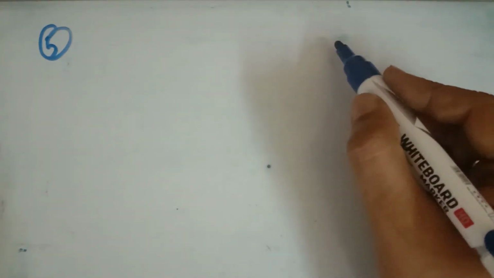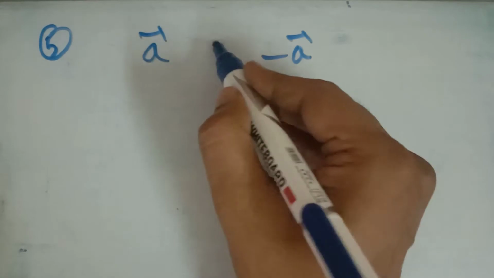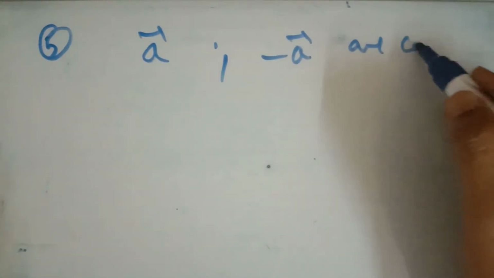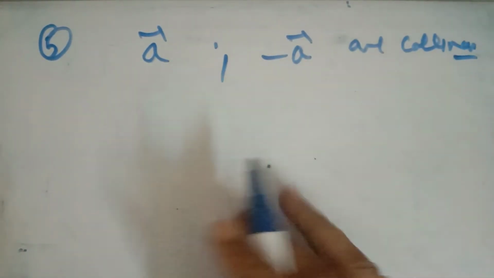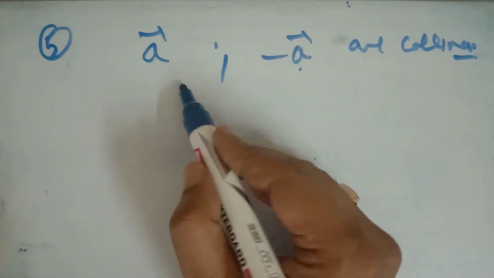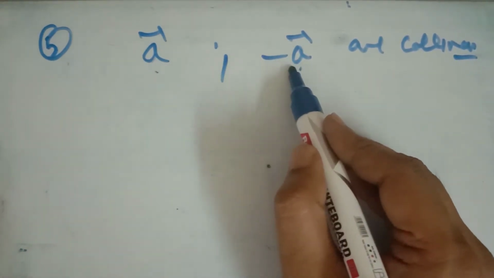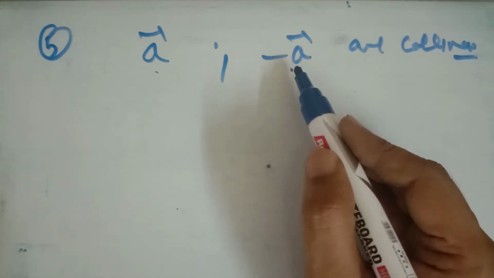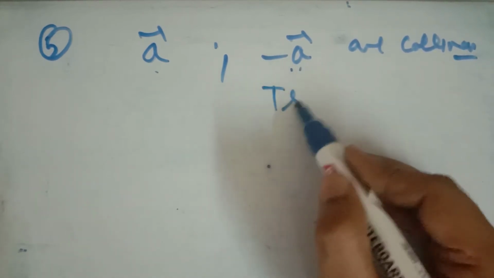Question number 5. Now for the same figure, you have to tell whether A and minus A are collinear or not. A and minus A mean they have the same magnitude but opposite direction. So yes, they are collinear.